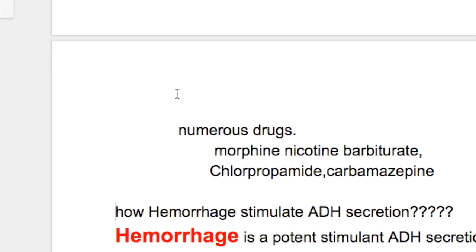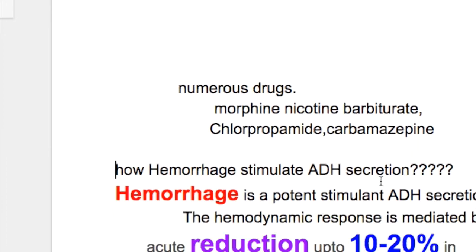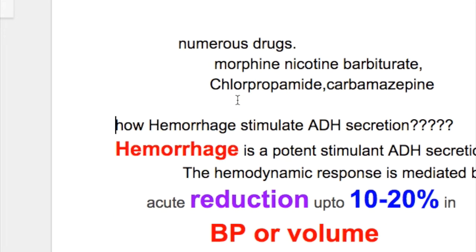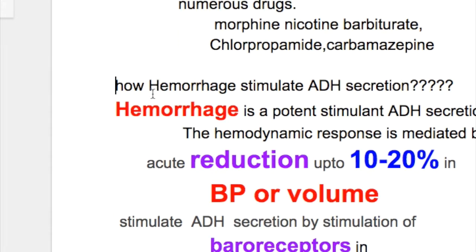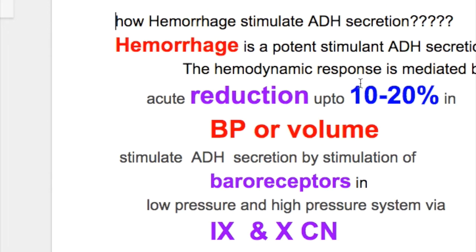What are the drugs that increase ADH secretion? Morphine, nicotine, barbiturates, chlorpropamide and carbamazepine stimulate ADH secretion. How does hemorrhage stimulate ADH secretion? Hemorrhage is a potent stimulant for ADH secretion.